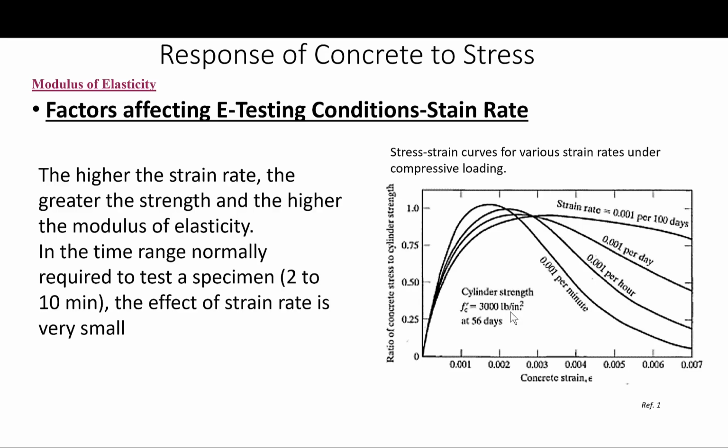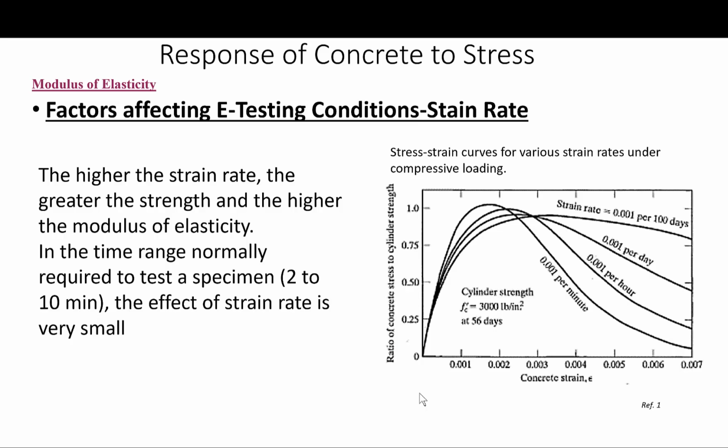Also, the stress-strain curve of the concrete and the modulus of elasticity is dependent on the conditions of testing. An important parameter is the applied strain rate, as you can see in this figure.